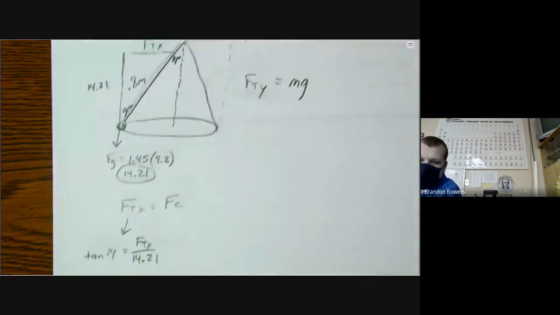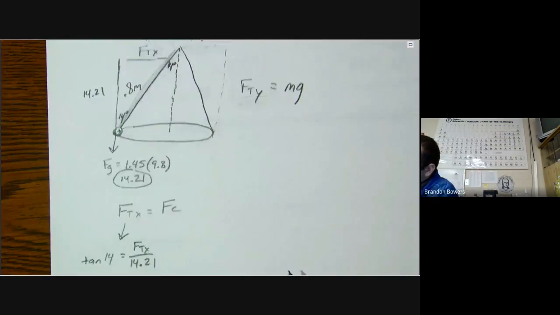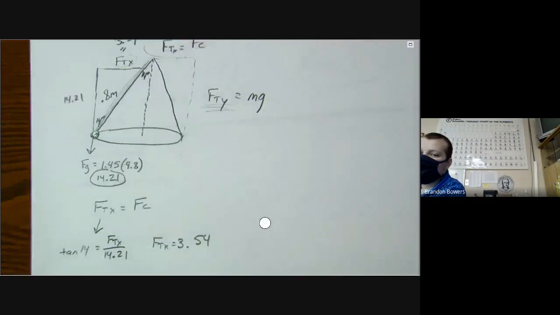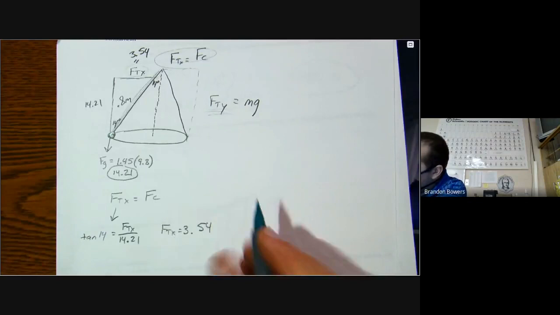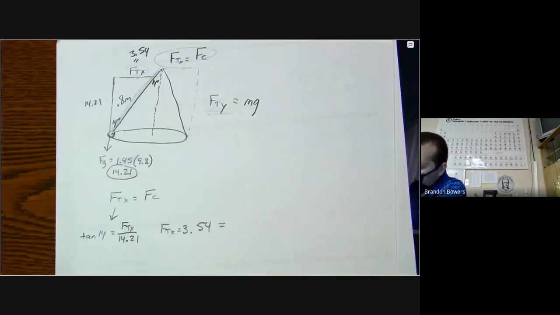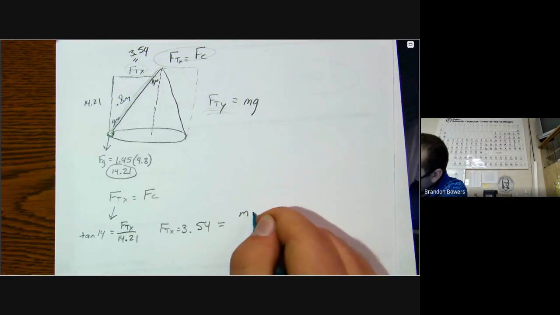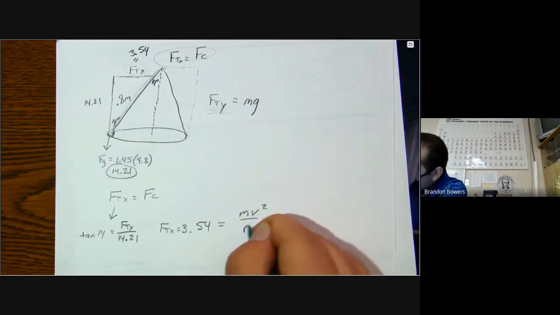Okay, I got F_T of x to equal 3.54. How are we feeling so far? Terrible. Now, if that is equal to centripetal force, that is my mass times velocity squared over r.